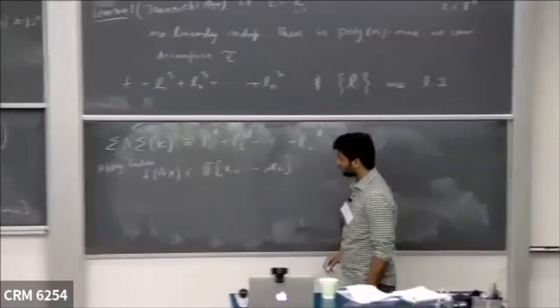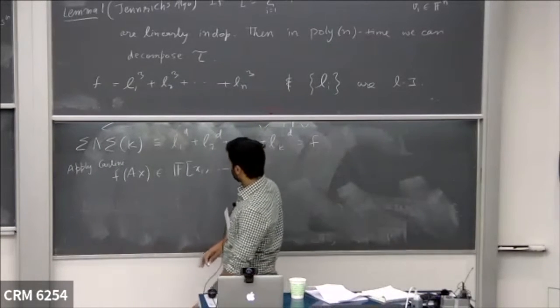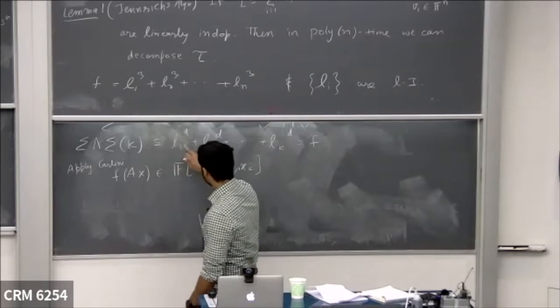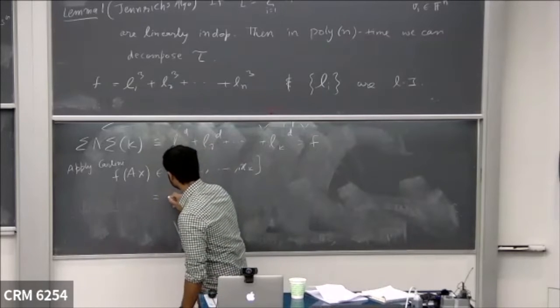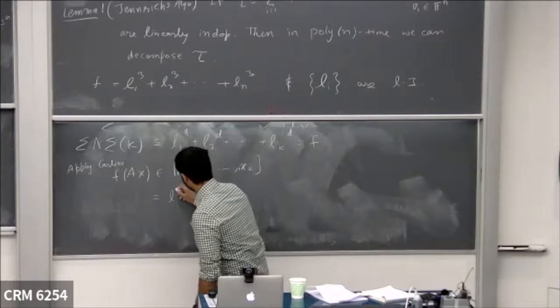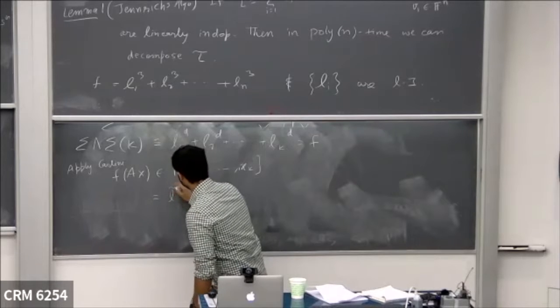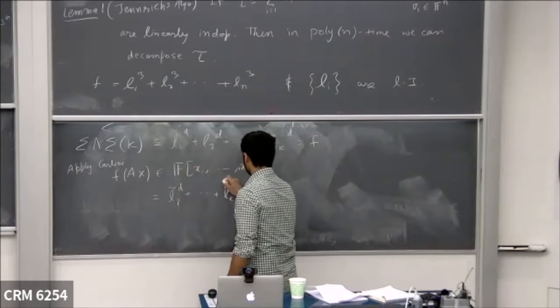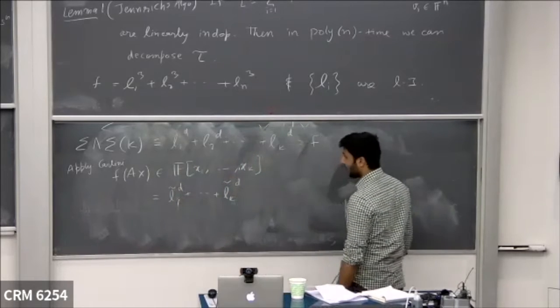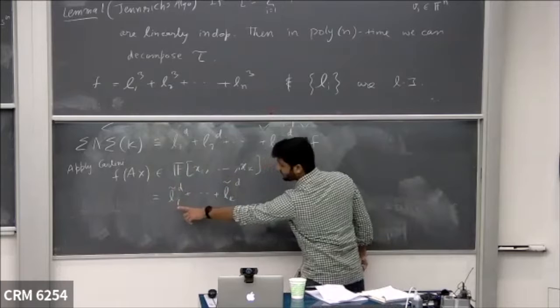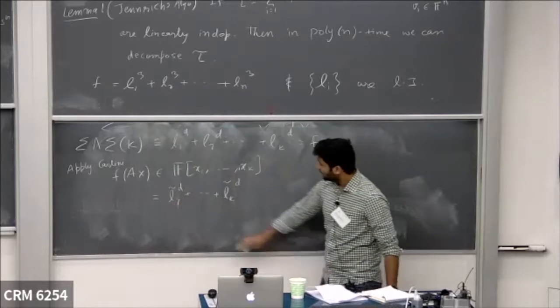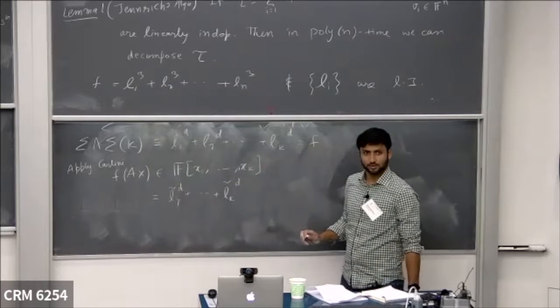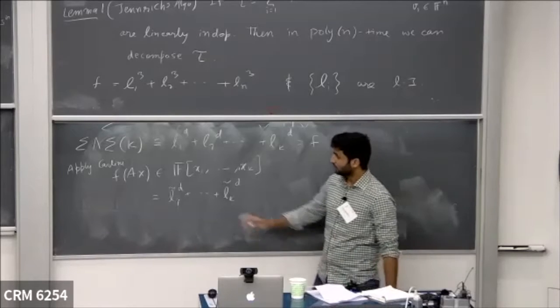Think of k as a constant now. And f of Ax can be written as L1 tilde to the d plus up to Lk tilde to the d, and these are linear forms in just k variables. So I can just write this as a system of equations to find a representation of f.